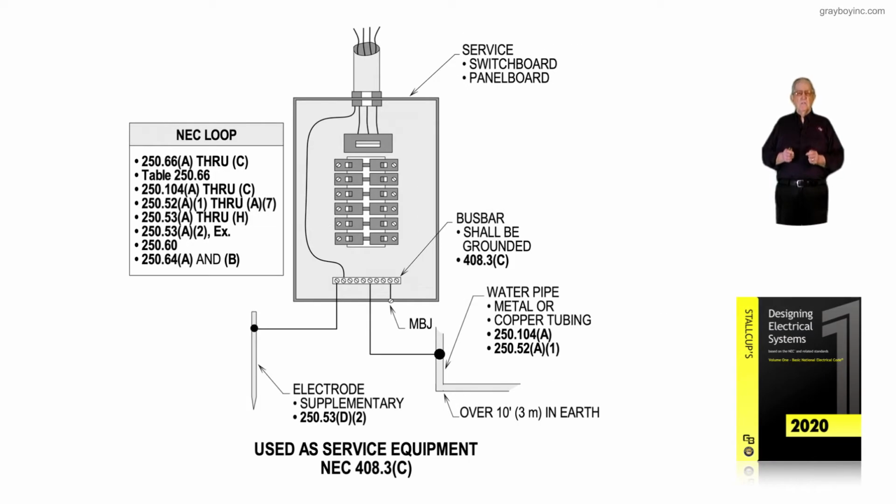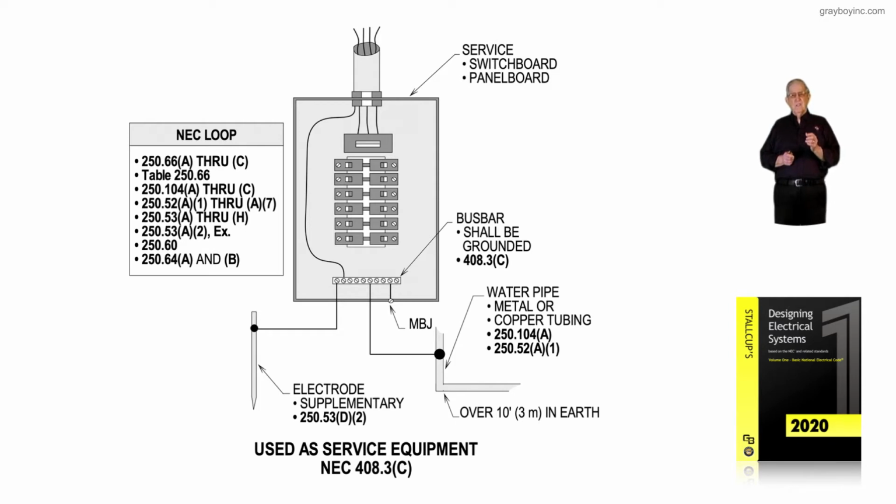Now notice this illustration shows a panel board being used as service equipment in accordance with the requirements of NEC 408.3(C). Notice once again in the NEC Loop there are a number of sections that we recommend that you review.